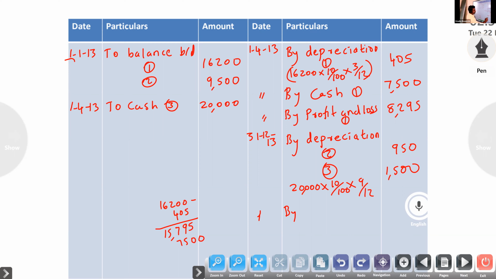By balance CD, second: 9,500 minus 950, 8,550. Third one: 20,000 minus 1,500, 18,500.